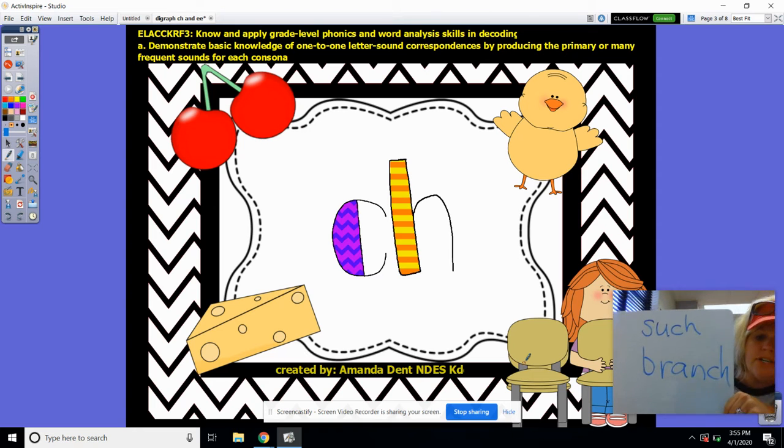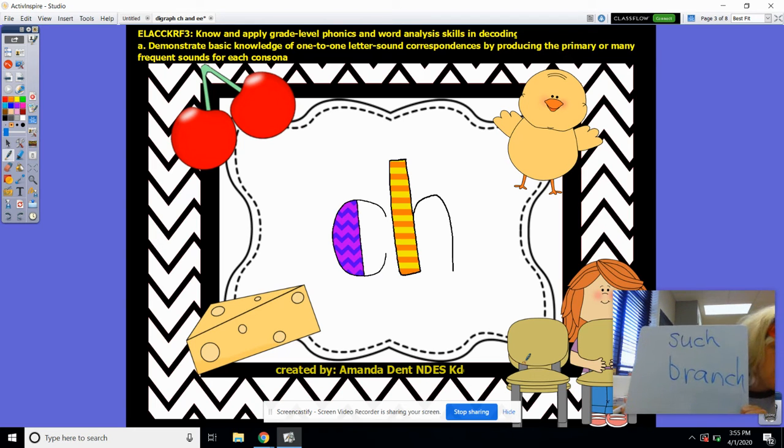Such and branch. What are the words? Now, what sound do you hear in the final position? You hear the ch. Very good. Look at the words. What letters do you see that might make the ch sound? C and H is exactly right. What do we call 2 letters that come together to make one new sound? We call it a digraph. Very good. This is the digraph CH.